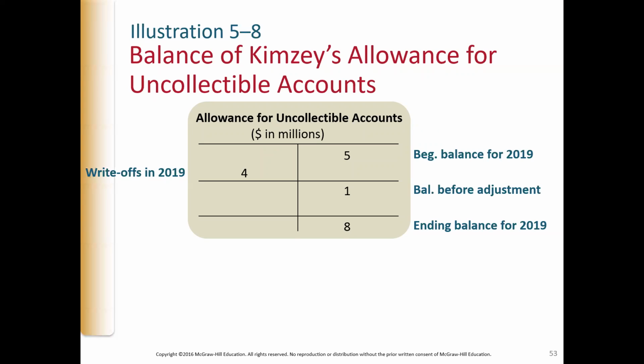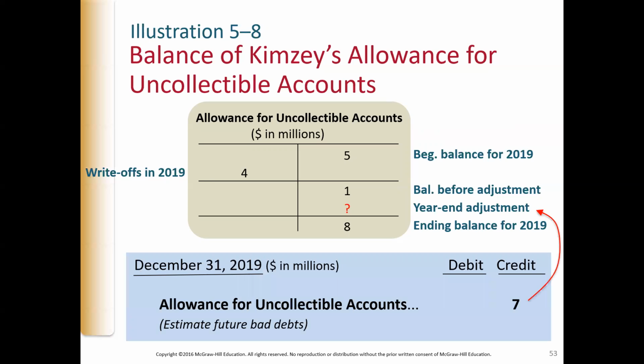So when we estimate in the next year for the bad debts to be $8 million, we will adjust it to show the bad debt expense is only $7 million. Because again, since we overdid it in the first year, we'll fix it in the next year.